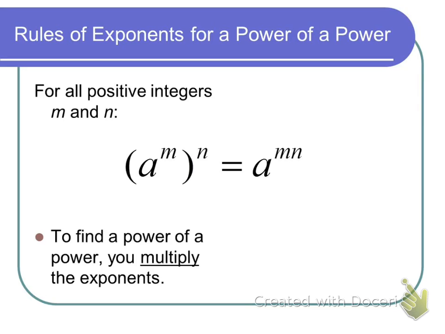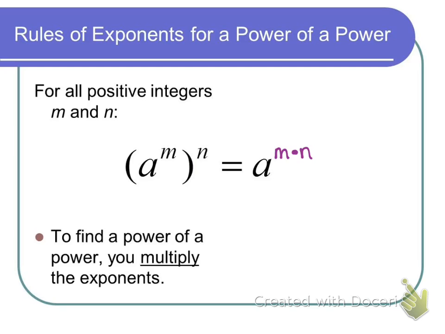We're multiplying them. So if you want, you could write it as m times n if you want to put the dot in there to make it obvious, or use parentheses around one of them to make it obvious. Okay, we are multiplying. So that little note says to find a power of a power, you multiply the exponents.